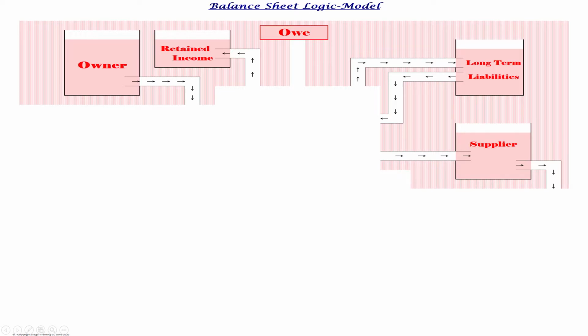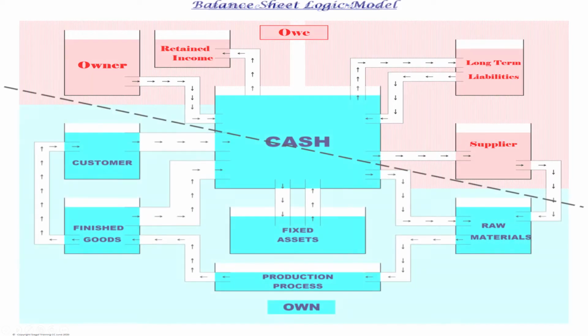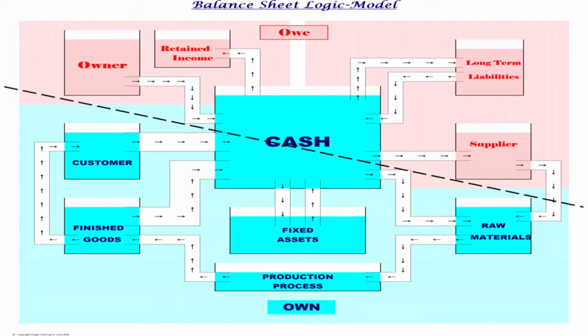Now that balance sheet logic model, I said if we drew a line diagonally through it and divided the red half from the blue half, we would then see all the items that the business owns and all the items that the business owes. So all the items it owns are its assets, and all the items it owes money to are its liabilities. Now this was what formed the balance sheet report.